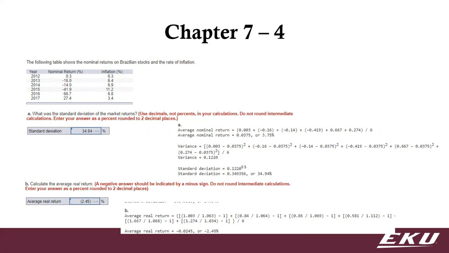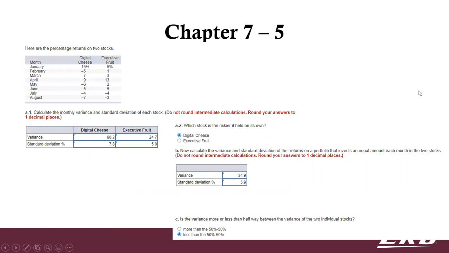And then we can see what the nominal return on the Brazilian stock market is, and then calculate what that real return would be. So it's just that year-on-year calculation. But we did this in the last module as well.